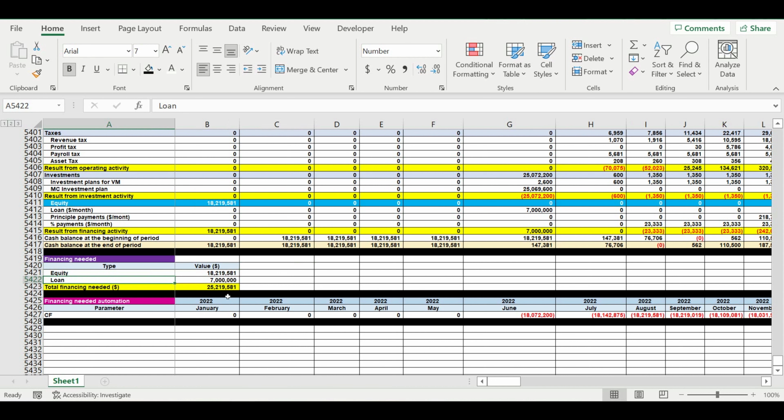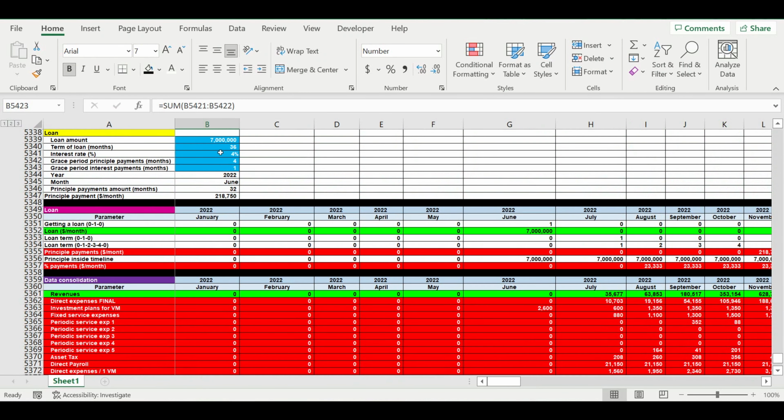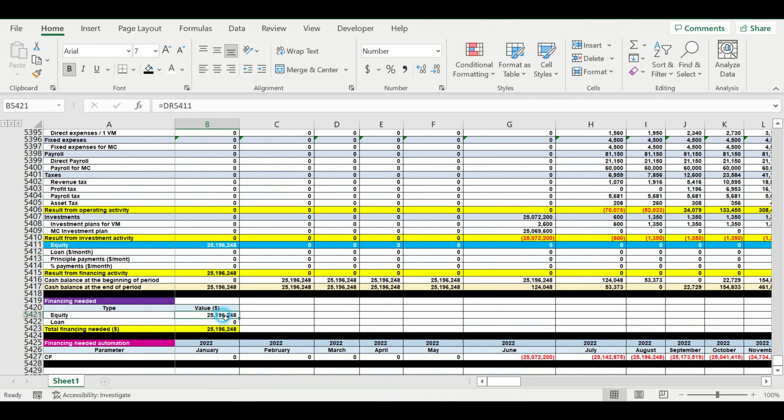For example, I don't want to use any loan, so I just put here 0. Then I will need this amount of financing. This is the mathematical 0 when the project starts generating cash.